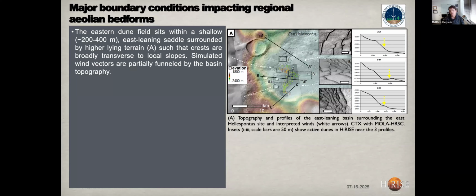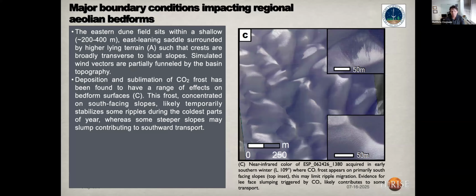The eastern dune fields sit within a shallow east-leaning saddle surrounded by higher terrain, shown in A, where all the dune crests are broadly transverse to the local slopes. And we can see that in the simulated wind vectors. This is part of a basin that's being funneled by basin topography.